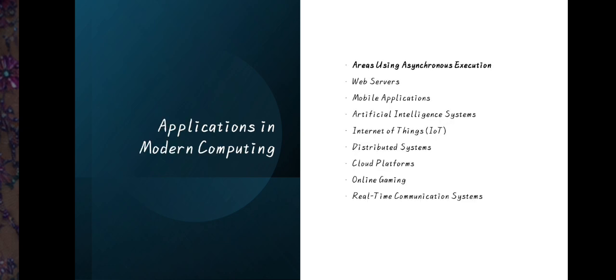Before applications in modern computing, let's differentiate synchronous and asynchronous execution. Synchronous execution means the first task in a program must finish processing before moving on to execute the next task.